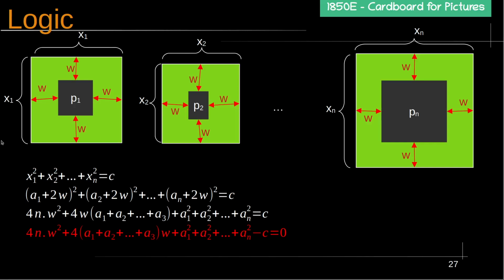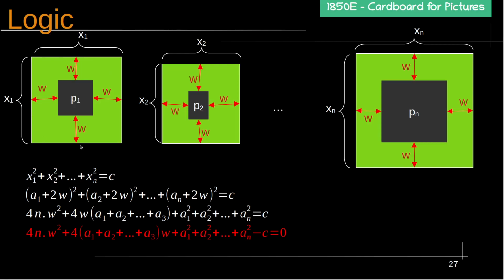So we can write that the area of used cardboard: x1 square plus x2 square plus xn square is equal to C.